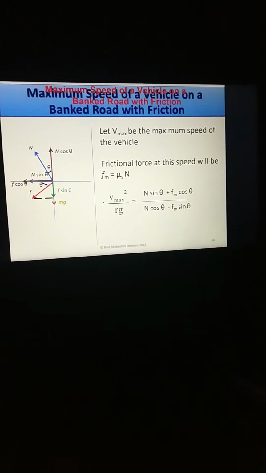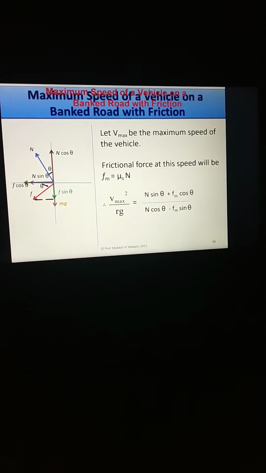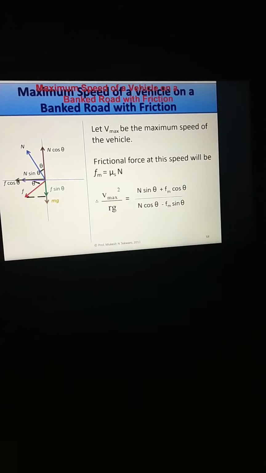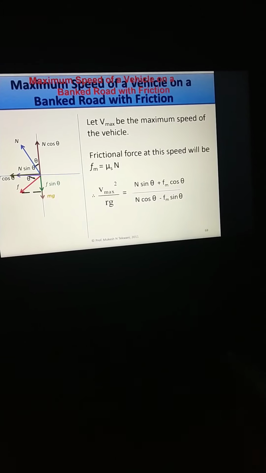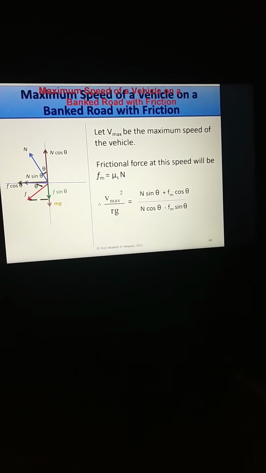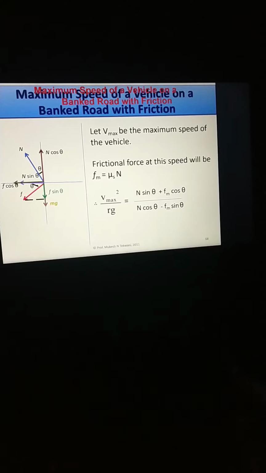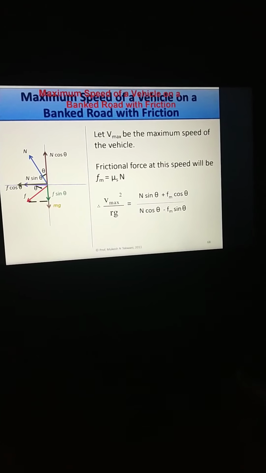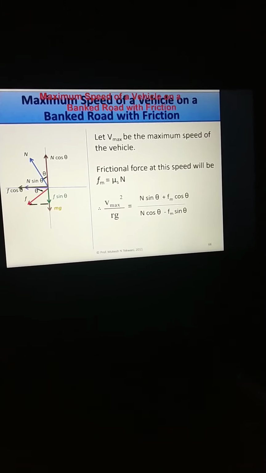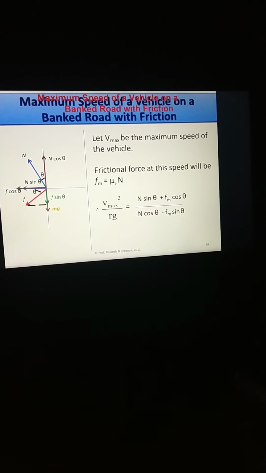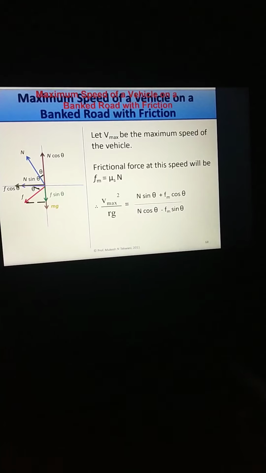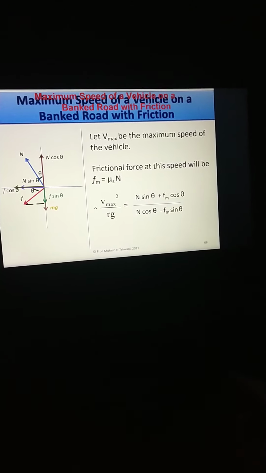Next, suppose we consider the maximum safe speed of the vehicle here. So the force of friction will be maximum here again. For that, we replace v by v max, that is, maximum velocity, and F will be the maximum force of friction. So we are here only changing the notation in the expression accordingly.